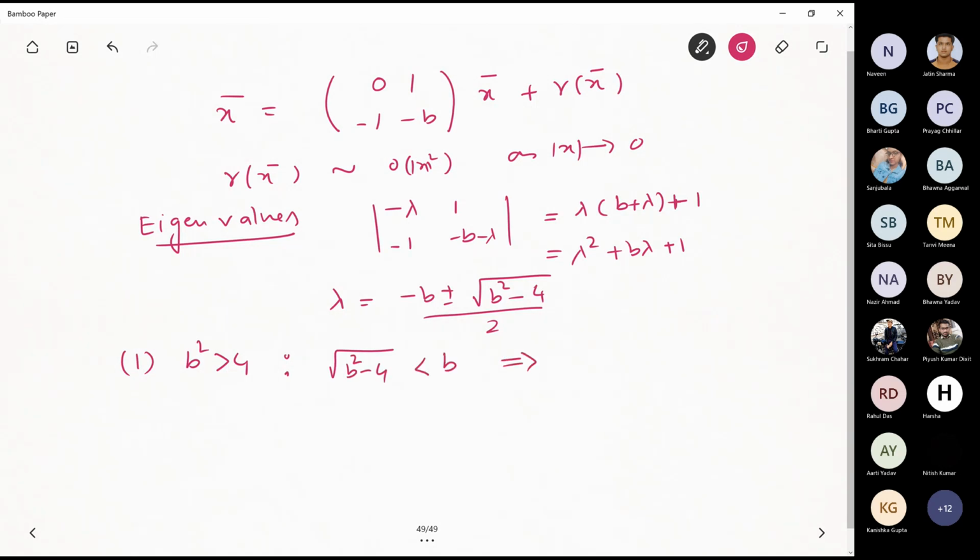So this implies negative real eigenvalues. So this implies, by Lyapunov's theorem on linear asymptotic equations, that 0 is asymptotically stable.